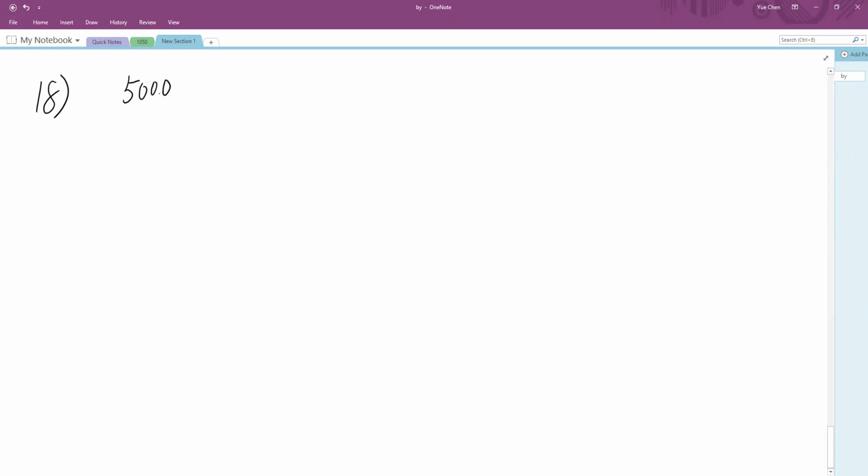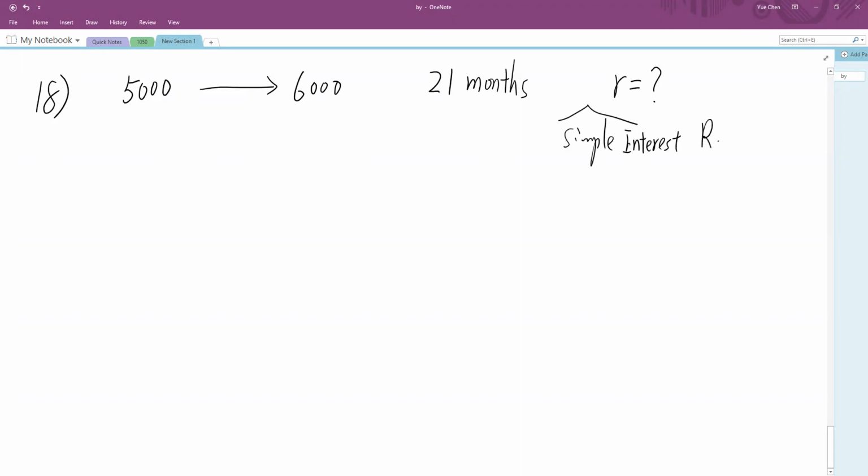Then after 21 months, it would be 6,000. It asks you to find the simple interest rate, which is R. Simple interest, so we need to use the simple interest formula, right?